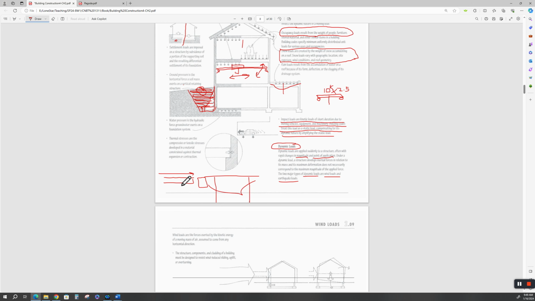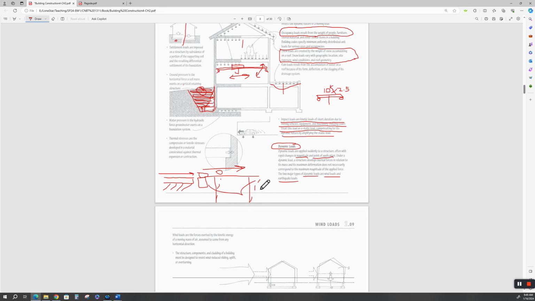So as soon as that car leaves the pavement that's on the ground and it transfers to this, all of a sudden now we've got this sudden dynamic load in this direction on the bridge, and this stuff's going to have to resist this movement going in this direction.